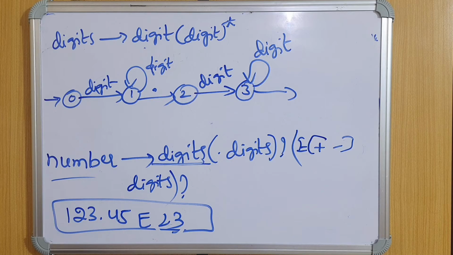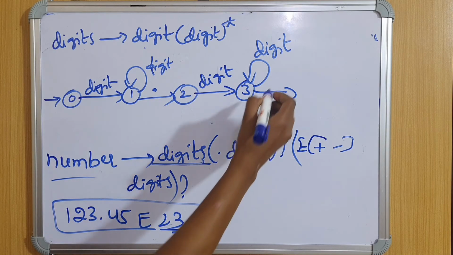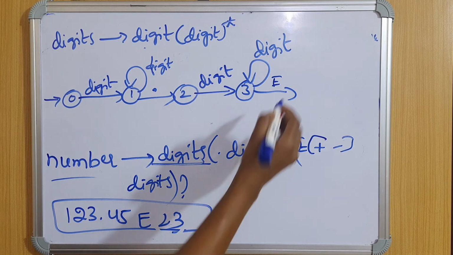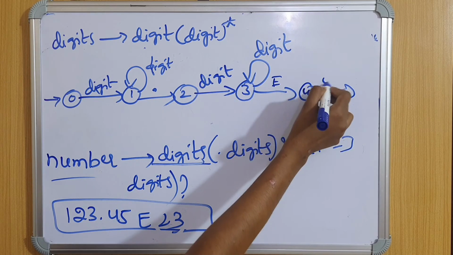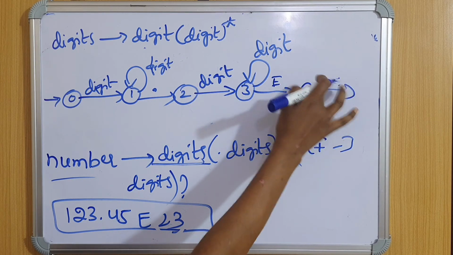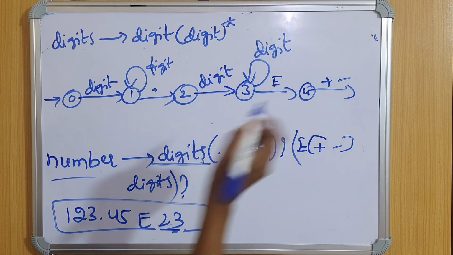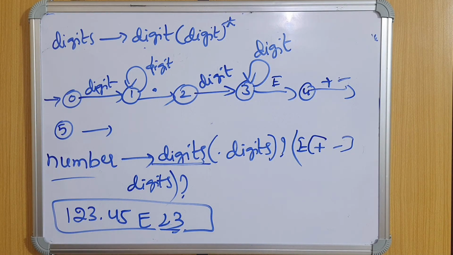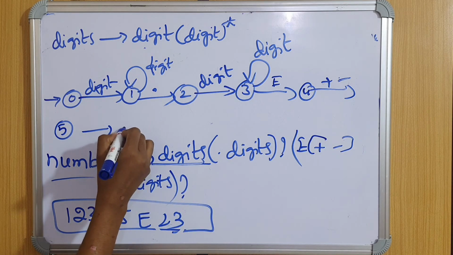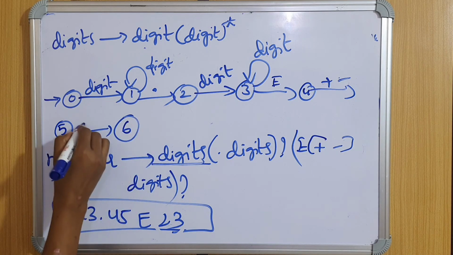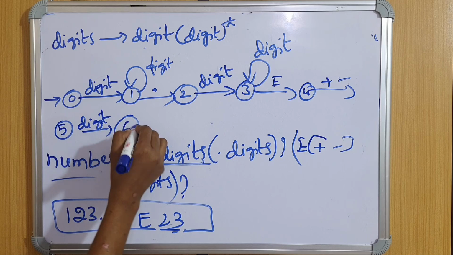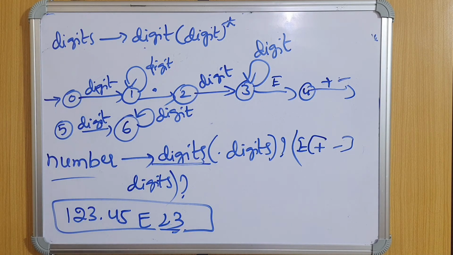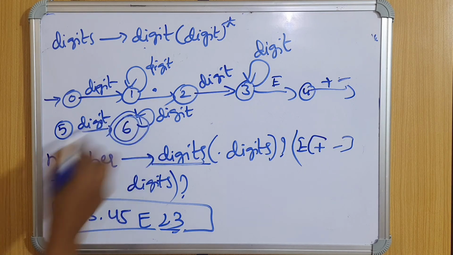Next, E for mantissa and exponent. Again it will move to 4. Next, plus or minus, it will move to the 5th. Next again digits, meaning digit star. This is the final state.